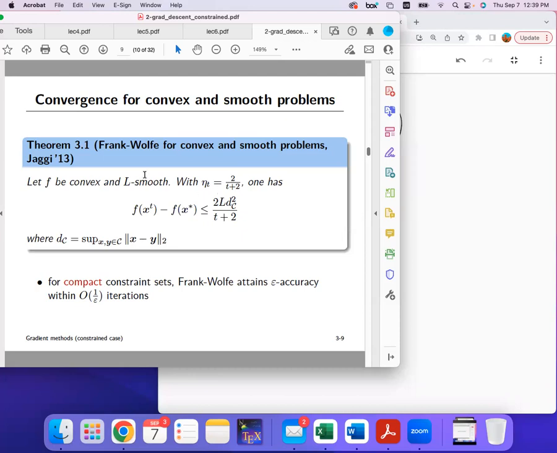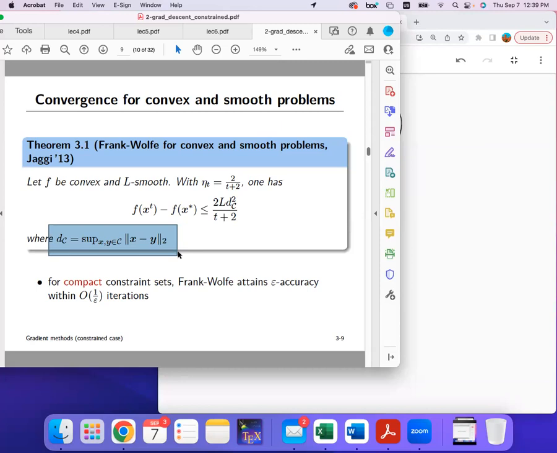This constant depends on the smoothness parameter L and D_C squared. D_C is the diameter of your constraint set. Here we assume that the constraint set has a bounded diameter. The definition of D_C is the maximum distance between any two points in the constraint set, so it is called the diameter.